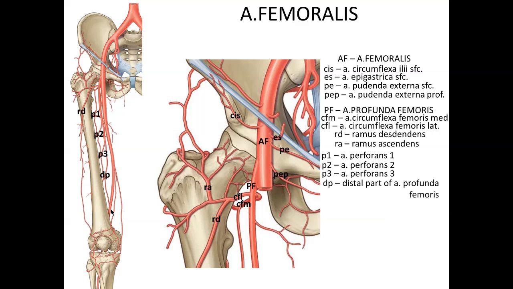And how shall we nourish very large muscles on the posterior surface of the thigh? So for these purposes, for nourishment of the posterior group of muscles of the thigh, serve these 4 vessels, 3 perforans and the distal part of arteria profunda femoris.